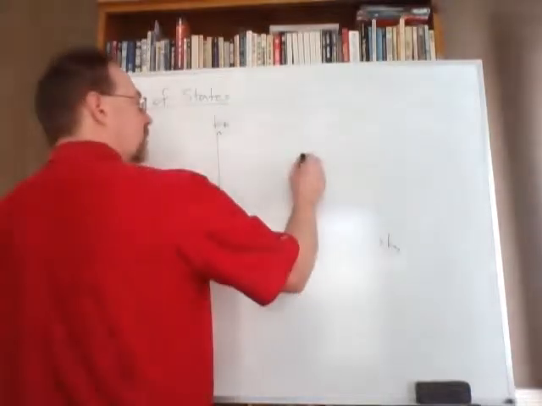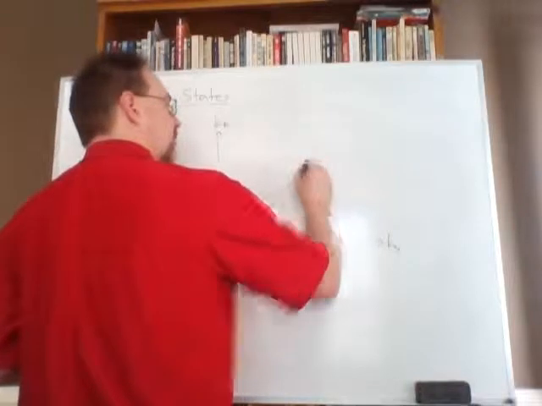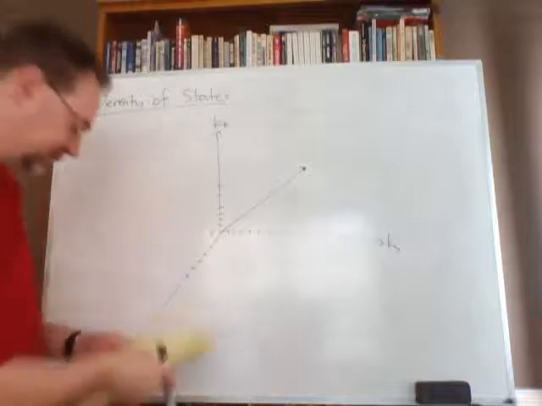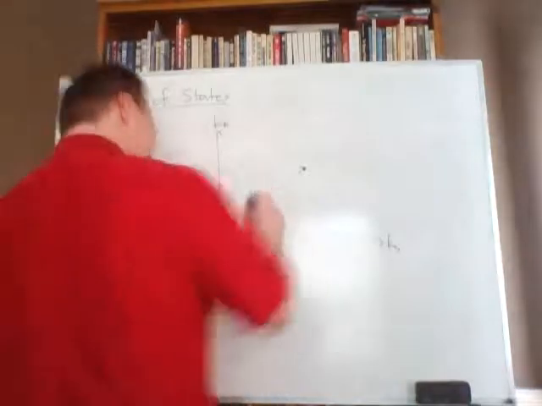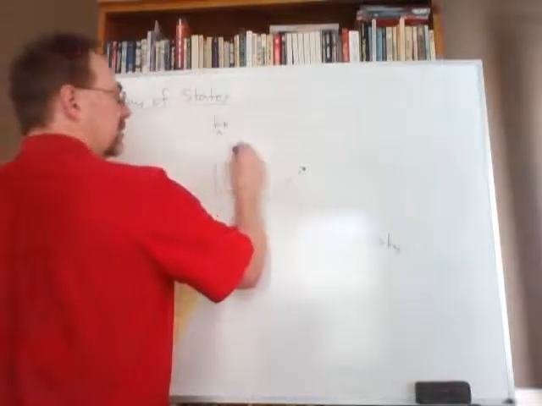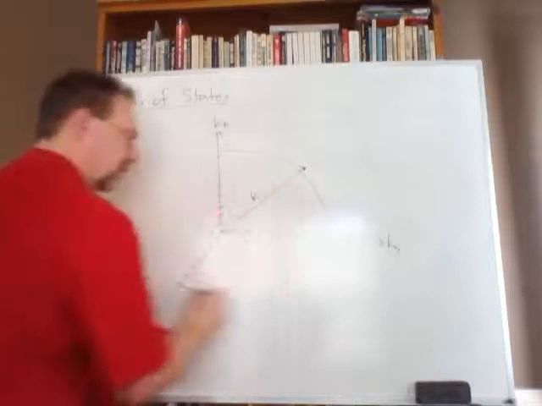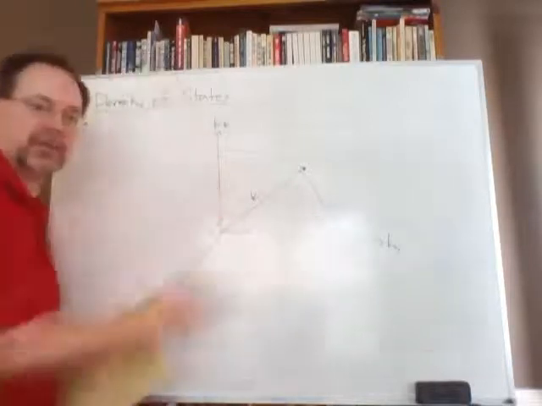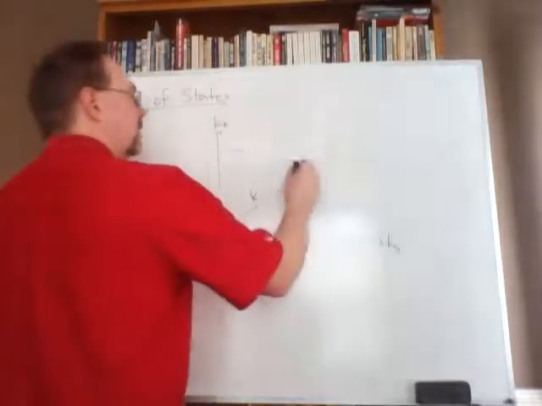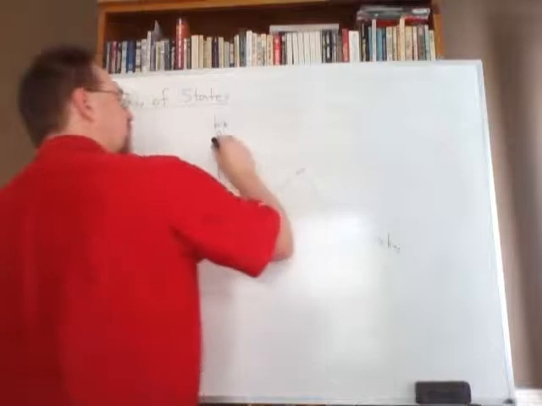Now, what is the number of states? We've got our k, and we can think of a sphere, only it's an eighth of a sphere because we're in one octant of k space, and we want to go from k to k plus delta k.